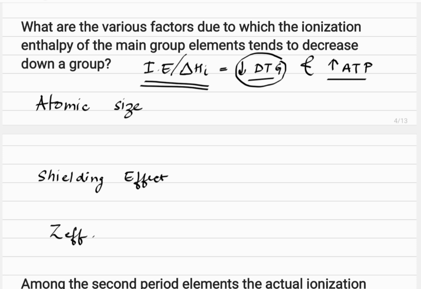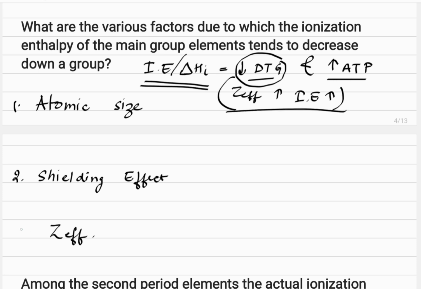Z effective is the nuclear pull that the outermost electron feels. If it feels more nuclear pull, then obviously you need to spend more energy to completely remove it, right? So Z effective increases, then ionization energy also increases. We have to keep that in mind.